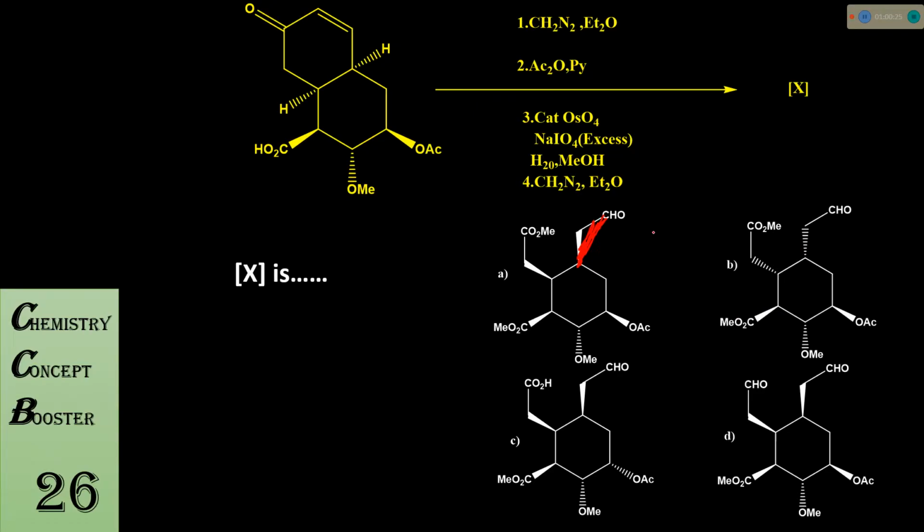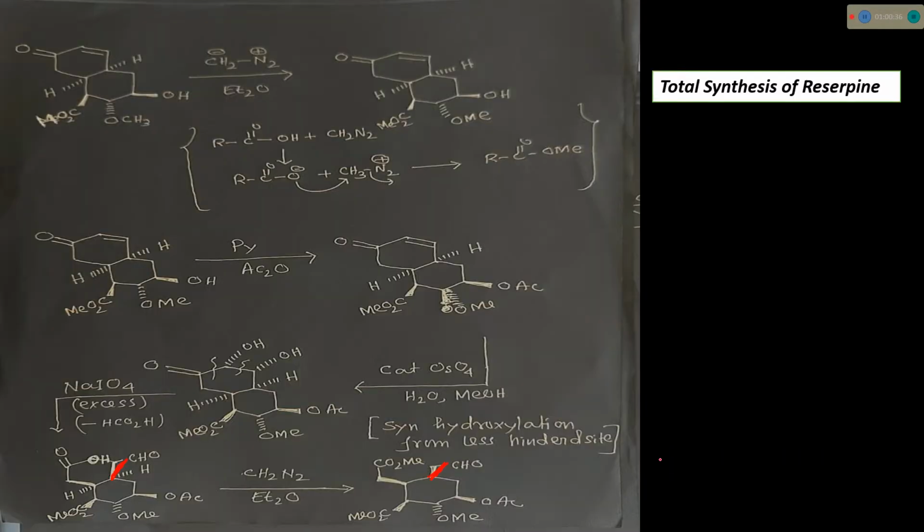Just correct it in your copies. In the options, CHO above, CO2Me above, the other things, OMe below, CO2Me above, OAc above, as in the starting material configuration.